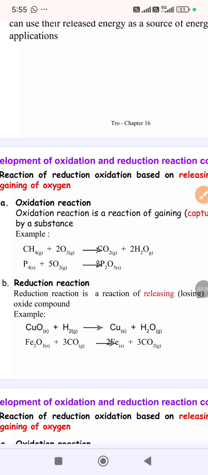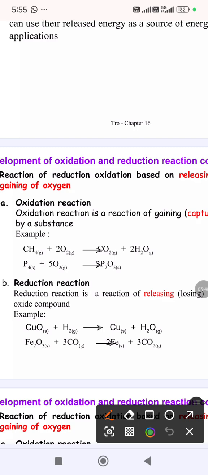Now coming to reduction reaction in terms of oxygen only. If in any reaction an oxide loses its oxygen, then it is called reduction. Let us see the first example, CuO. CuO loses its oxygen and changes to copper. What kind of reaction is this?